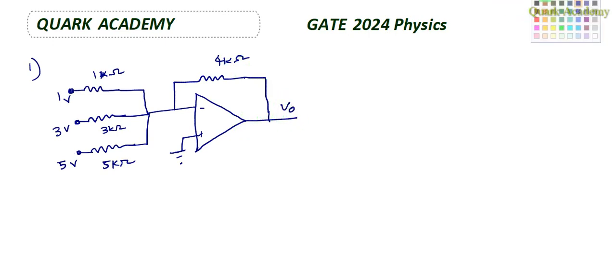So here the potential of inverting and non-inverting input are same. Since non-inverting is 0, it is grounded, so the inverting should also be 0 volt, and using this we can find the current flowing here. So it's a simple Ohm's law, V equal to IR, so I equal to V by R. Using that we'll get current here is 1 milliampere.